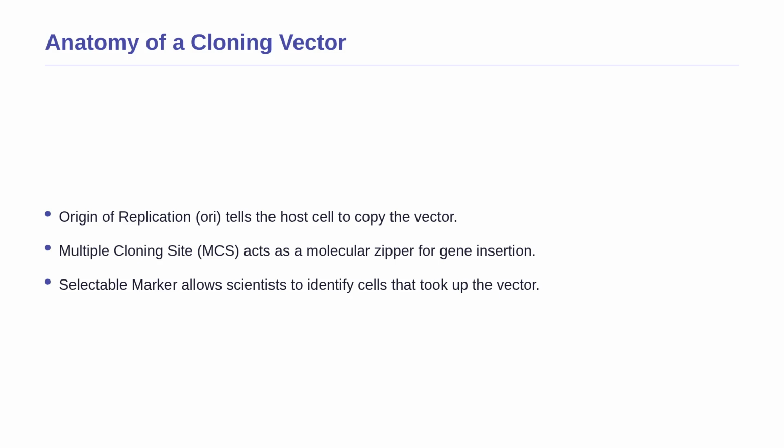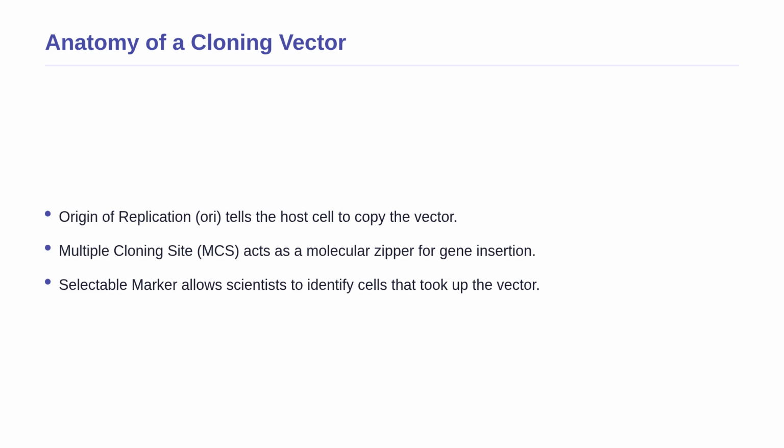For this microscopic delivery truck to function properly and do its job effectively, it needs three critical anatomical features. First is the origin of replication, often abbreviated as ORI. This is a specific DNA sequence that tells the host cell's machinery to start copying the vector.